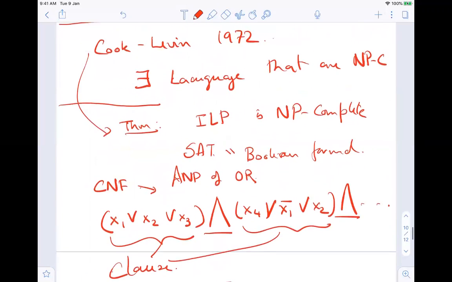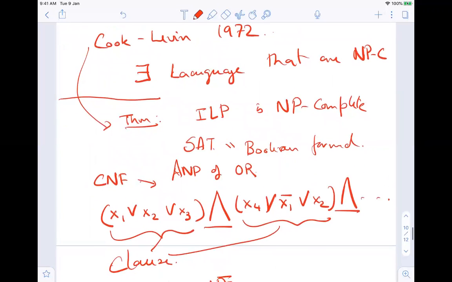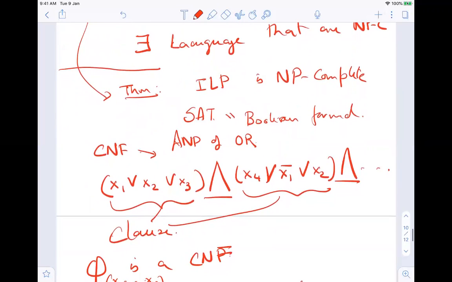There are other definitions of SAT also, but this is possibly the easiest definition you can think of. It's a Boolean formula. If you don't like this particular restricted form, you can take any Boolean formula, that's also fine.